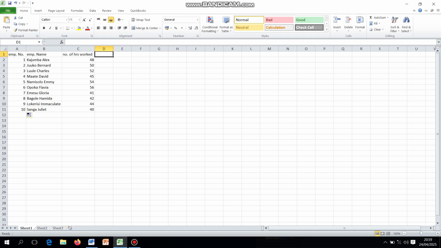So I'll come here to part 3, to part D, which is the complex part. I'm going to come to part D, which is the basic hours, because now we are going to look for the basic hours which were worked. But in the question, they told us the hours in a week are 10 hours, and each month has 4 weeks.